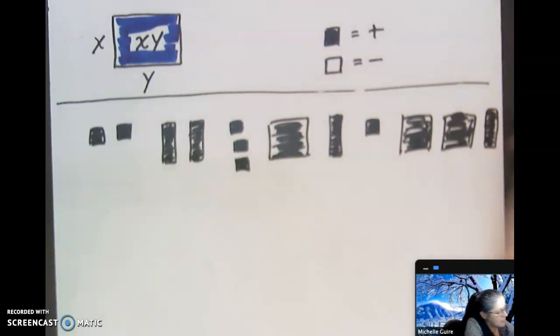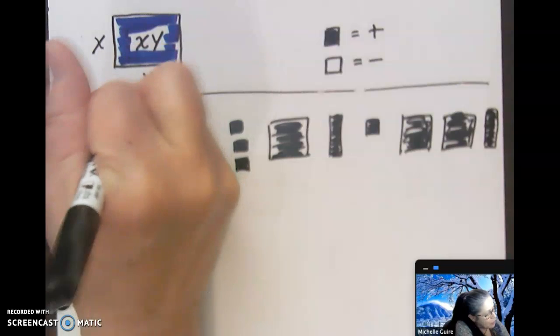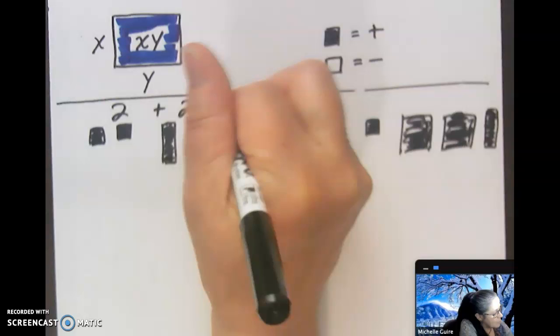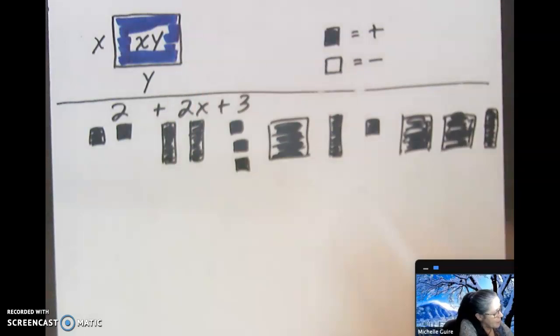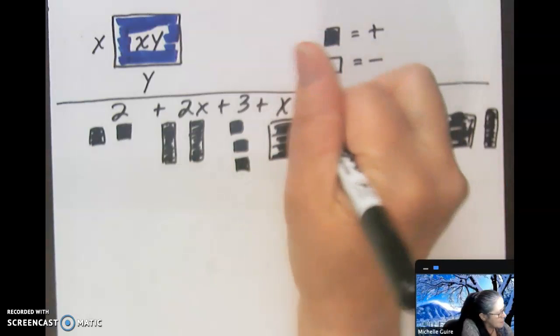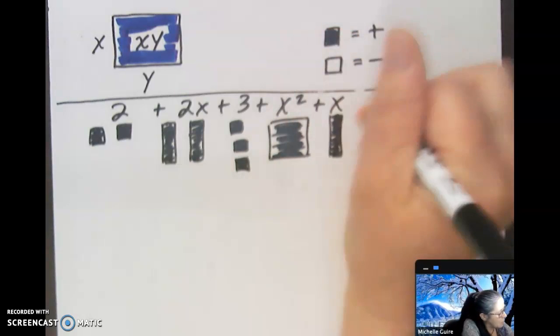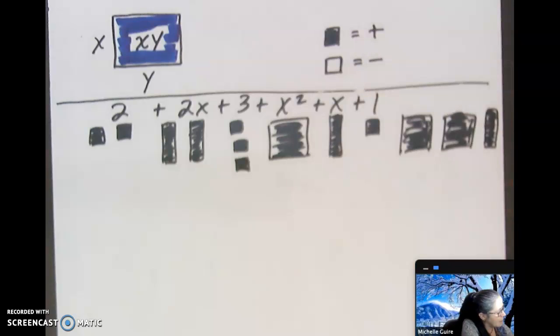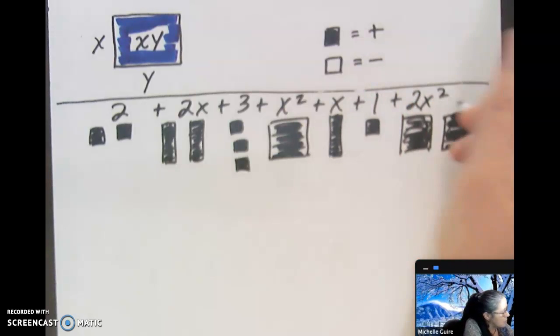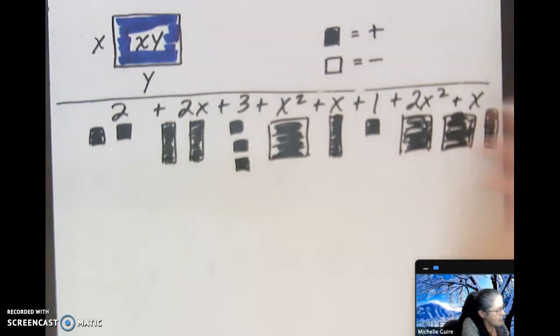So if I were to write this expression out, it would be 2 plus 2x tiles plus 3 plus an x squared plus an x plus a 1 plus 2x squareds plus an x.